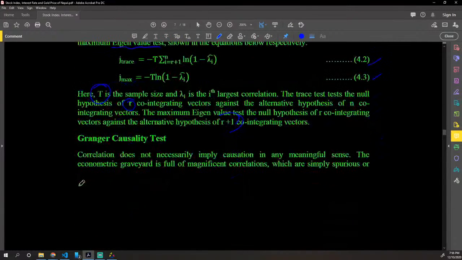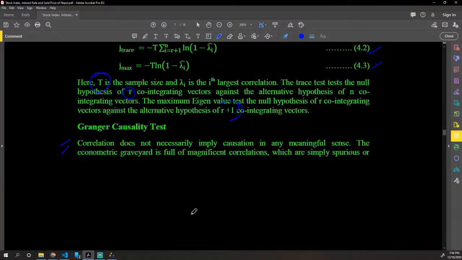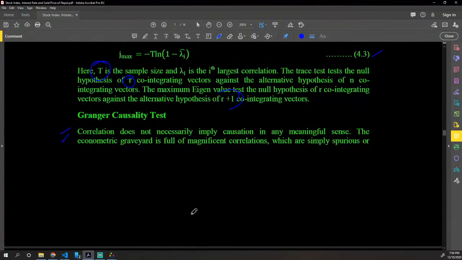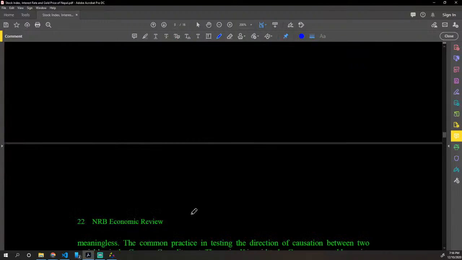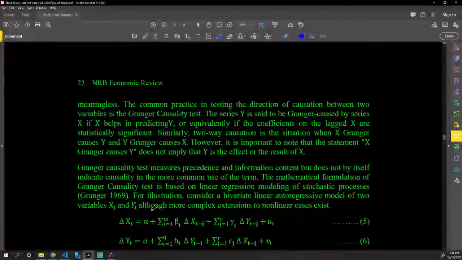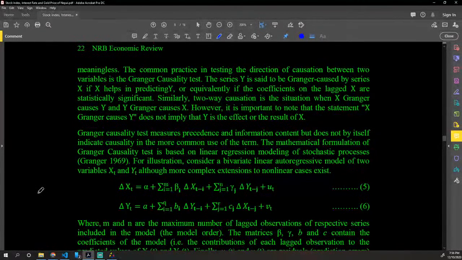So, the Granger causality test. Correlation does not necessarily imply causation in a meaningful sense. If there is a correlation, it does not mean that one is causing the other. Another very important thing: the econometric graveyard is full of magnificent correlations which are simply spurious and meaningless. The common practice in testing the direction of correlation between two variables is Granger causality.